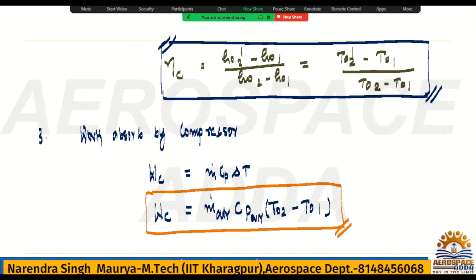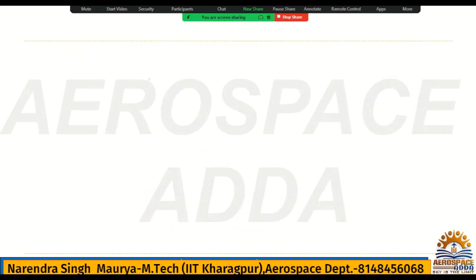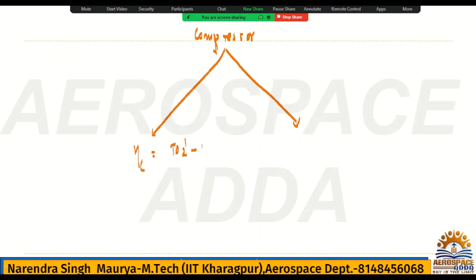Now we'll go for the formula of eta C for the compressor you had seen. Two things are important here. One, compressor efficiency, which is nothing but T naught 2 dash minus T naught 1 divided by T naught 2 minus T naught 1.